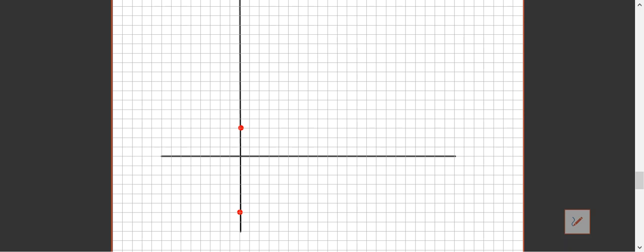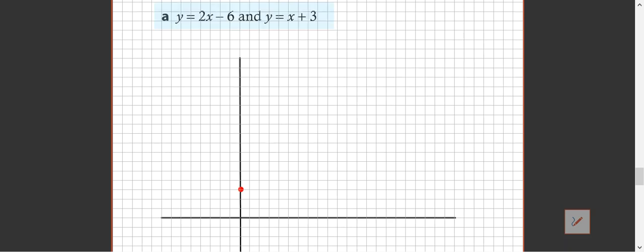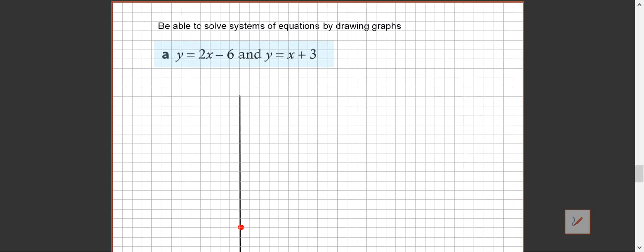All I'm really interested in is finding out where the two lines cross. That's it. So it's got to be done accurately and properly, but we're not too worried about scales as long as where they cross fits on my page. I've got a bit of experience in knowing that this one starts at -6 and goes up, and this one starts at +3 and goes up, but not quite as steeply.